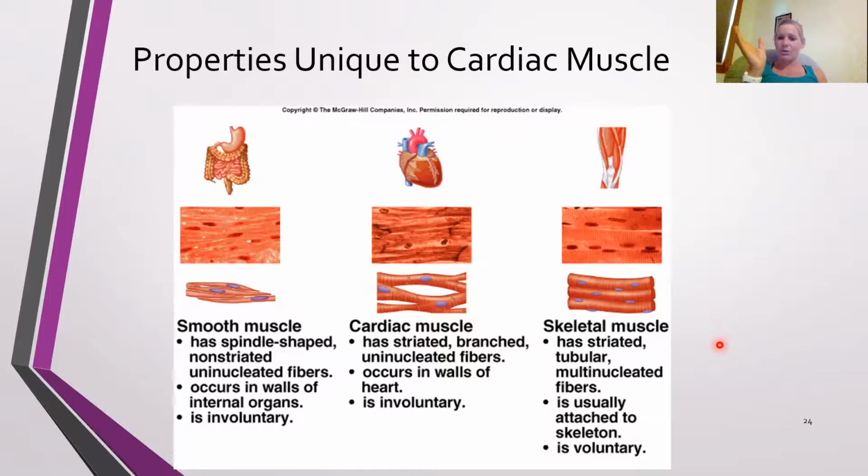So being able to shorten just one side of the heart isn't going to cut it for us. So it's important that we have this branched configuration so that everything within that chamber is occurring at the same time. When we want to have that contraction, we can have everything work together because everything's intertwined, as opposed to skeletal muscle where it's just in a straight line. Okay.